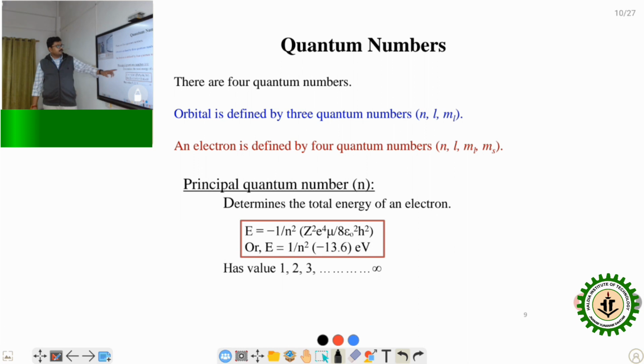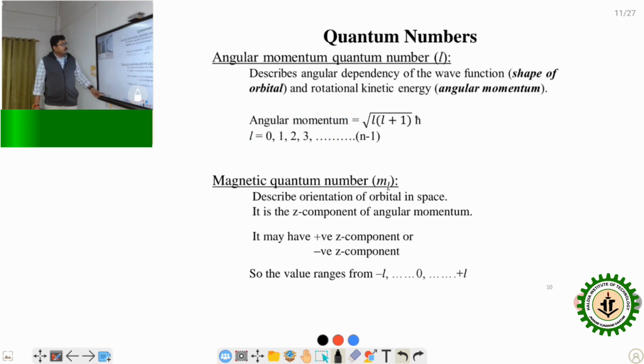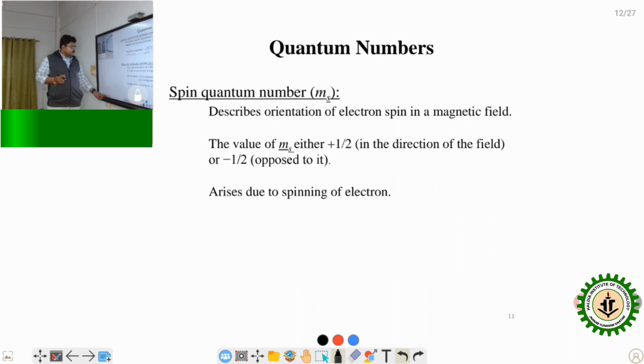The principal quantum number n is given by this expression, and it gives you the size of the orbitals. Similarly, the azimuthal quantum number gives you the shape of the orbitals, whereas the magnetic quantum number gives you the orientation of the orbitals in 3-dimensional space.